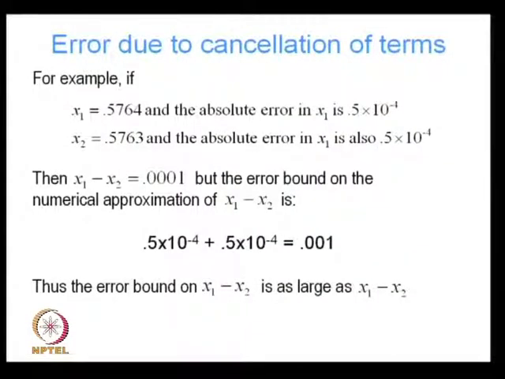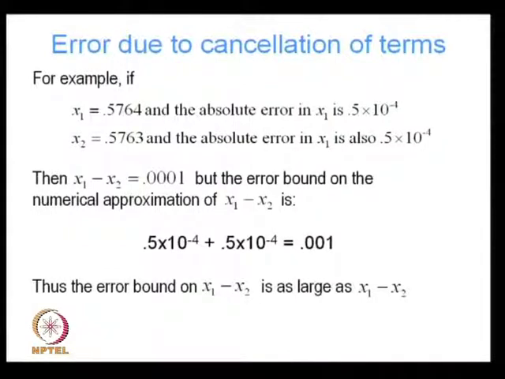For example, if x1 is equal to 0.5764 and the absolute error in x1, that is delta x1, is 0.5 into 10 to the power minus 4, and x2 is equal to 0.5763 and the absolute error in x2 is also 0.5 into 10 to the power minus 4.